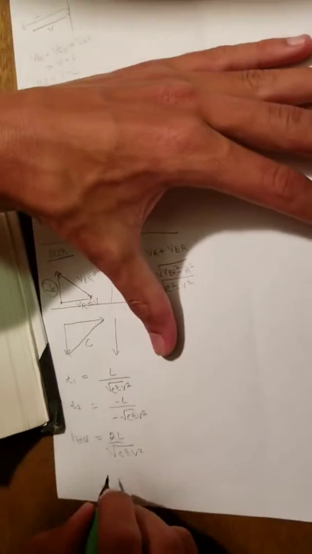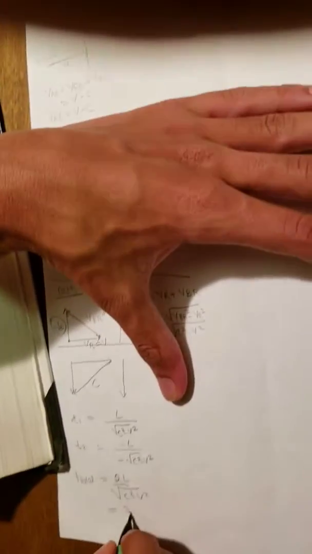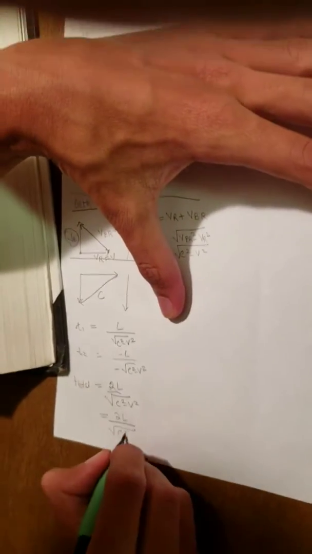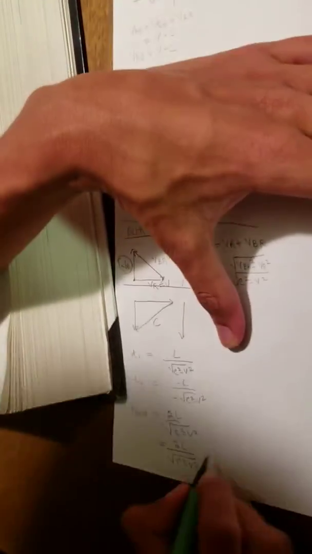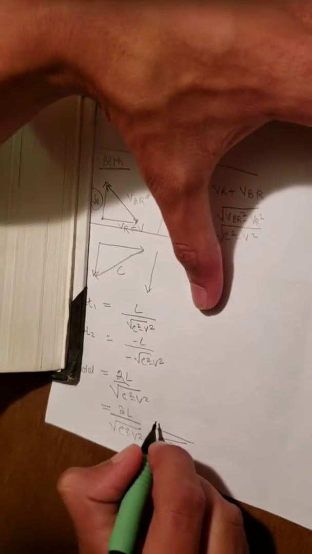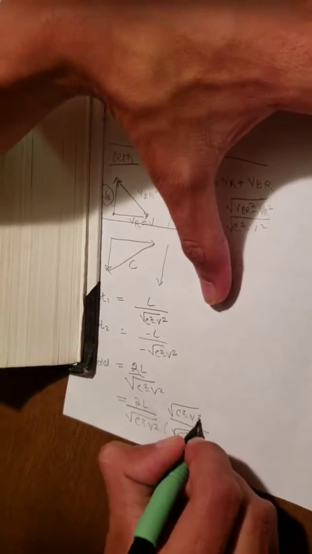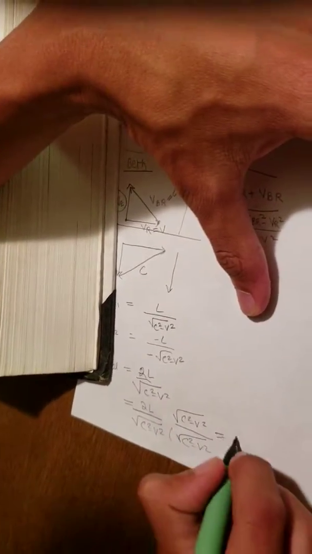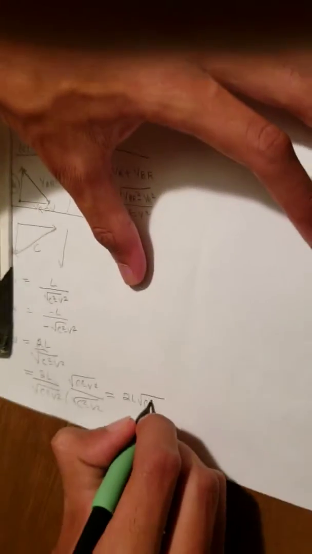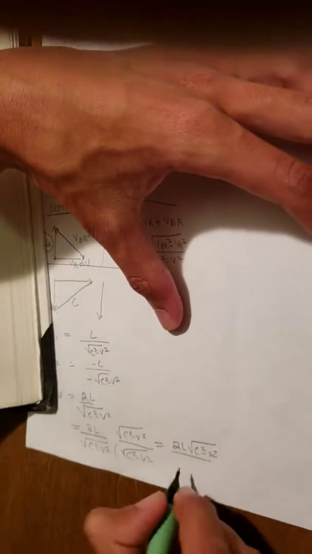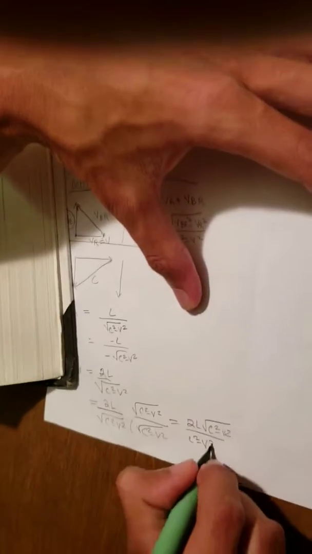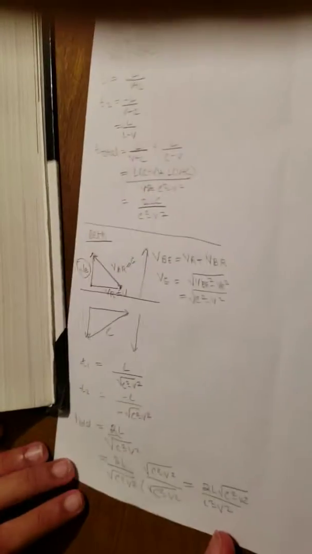Now, if we reformat this equation a little bit by multiplying by the square root of c squared minus v squared on both the denominator and the numerator, we find that it's equal to 2L square root of c squared minus v squared divided by c squared minus v squared.